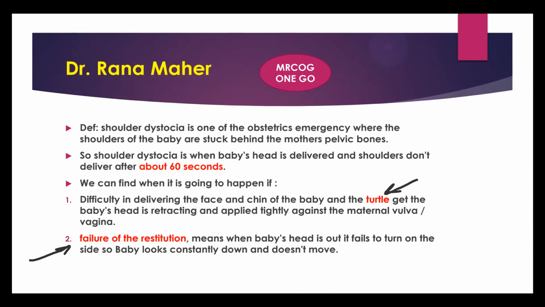This is because of the movement of the shoulders on the pelvic floor muscles. So when the shoulders move inside, the head starts to do external rotation and restitution to look at the mother's side. So if there is failure of restitution, this is another sign to diagnose shoulder dystocia. So turtle sign and failure of restitution.